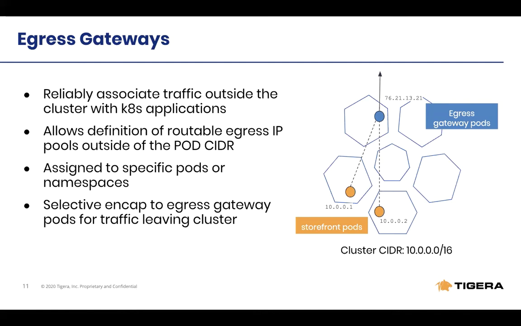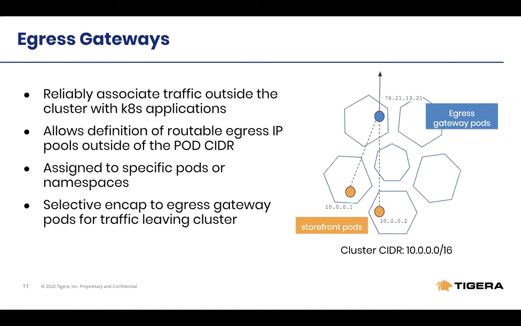The way that works is that you have your cluster CIDR that might be a bunch of private IP range. Egress Gateways allows you to define an egress IP pool that could be outside the pod CIDR.